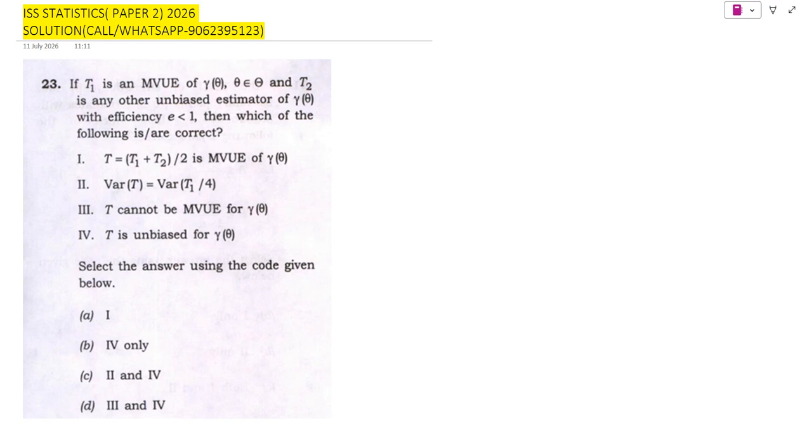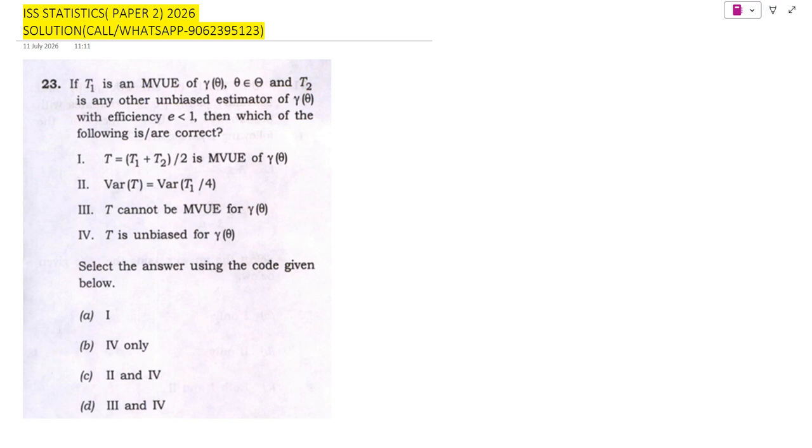So today we're solving another conceptual question from the UPSC Indian Statistical Service Examination 2026 Statistics Paper 2. And one of the most beautiful features of ISS Statistics Paper 2 is that it does not merely ask you to compute. It asks whether you truly understand the theory behind the estimation.